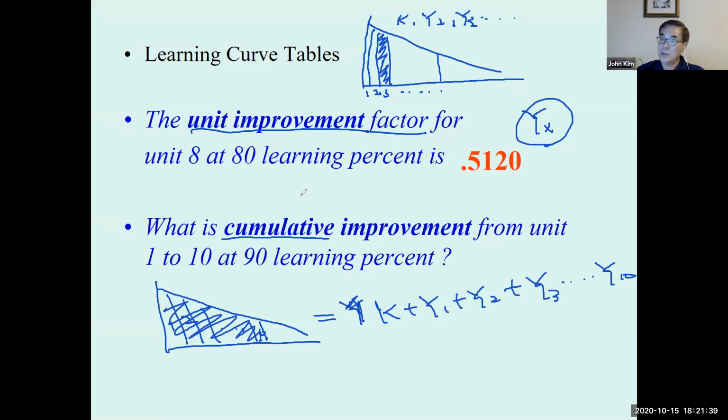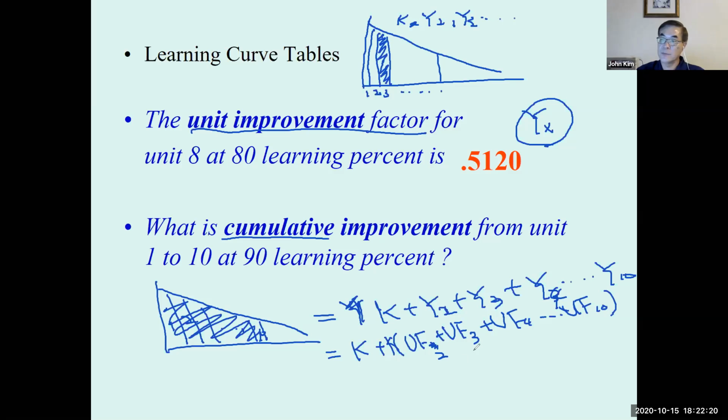To get this using the unit improvement factor, it equals K plus K times unit factor 2 plus unit factor 3, unit factor 4, up to unit factor 10.